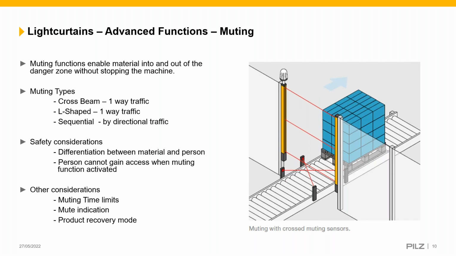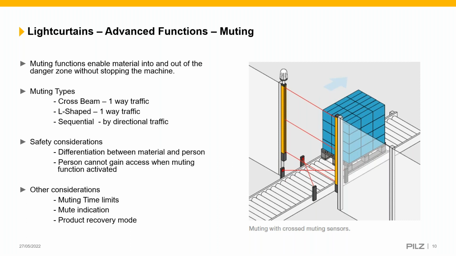And the other thing to consider is if you have multiple in feeds, you may have 2, 3, 4. If you only had one set of light curtains looking all the way across all of them, then somebody could walk or travel adjacent to the pallet and alongside it and gain access to the danger zone, because as the pallet goes through one set of muting sensors, it's going to mute all of them.